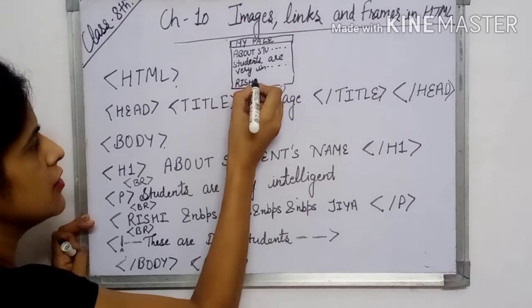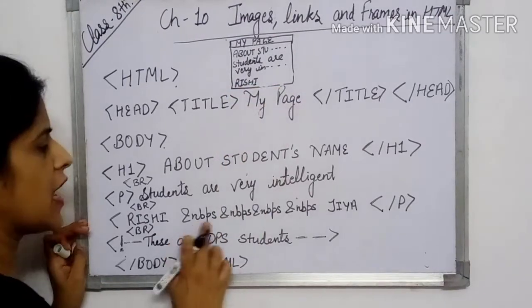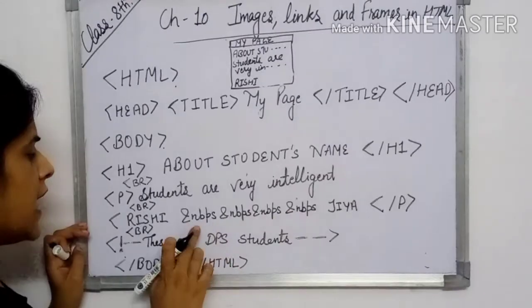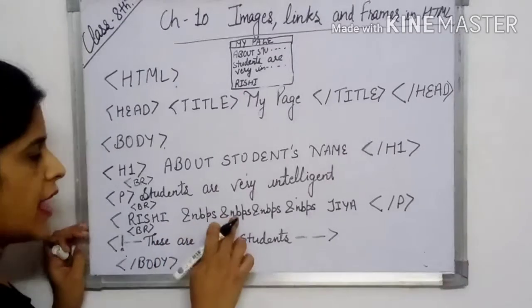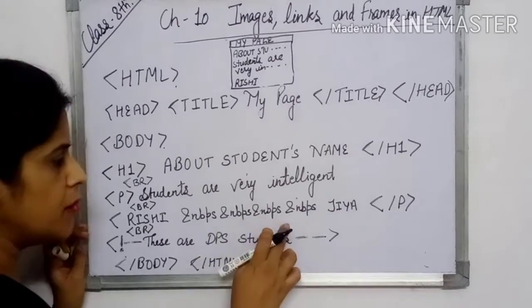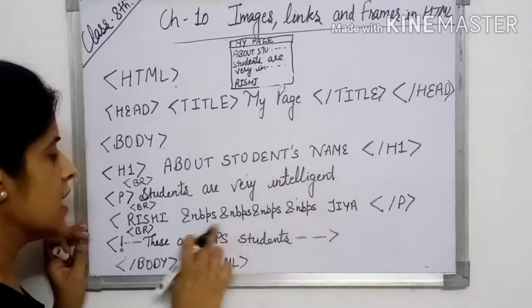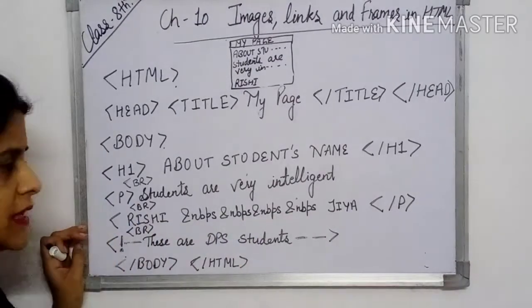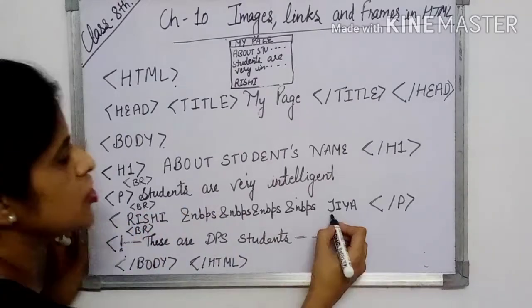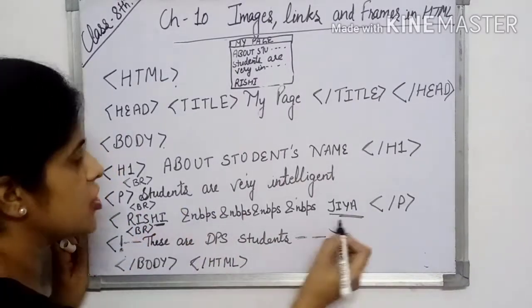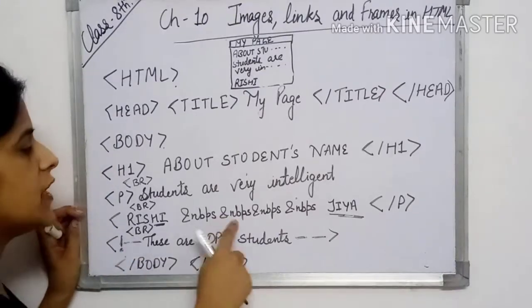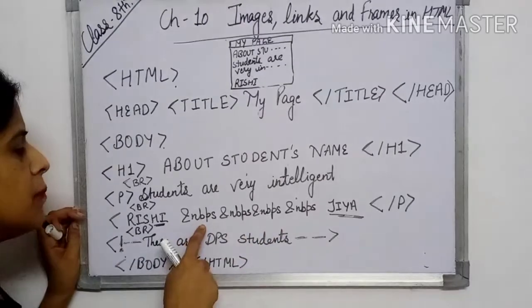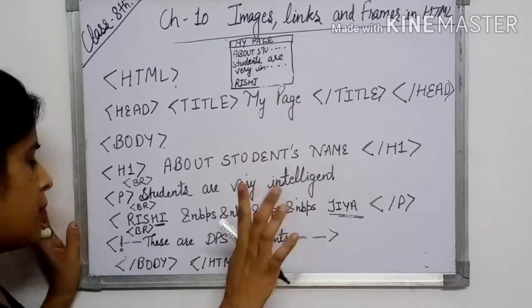That is Rishi, and between Rishi I have used ampersand NBSP, which is used for one space. If I am given two names, Rishi and Jia, and I want to give four spaces between Rishi and Jia, then 4 times I have to write NBSP NBSP NBSP NBSP.